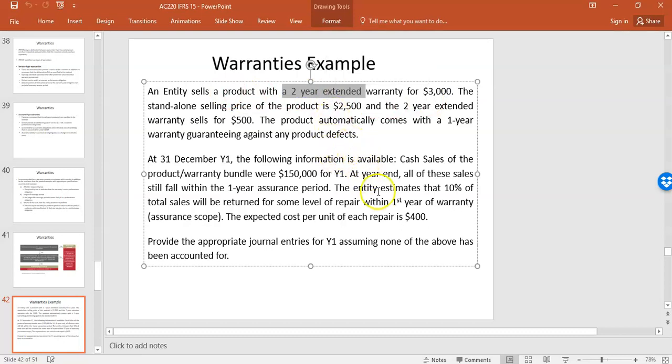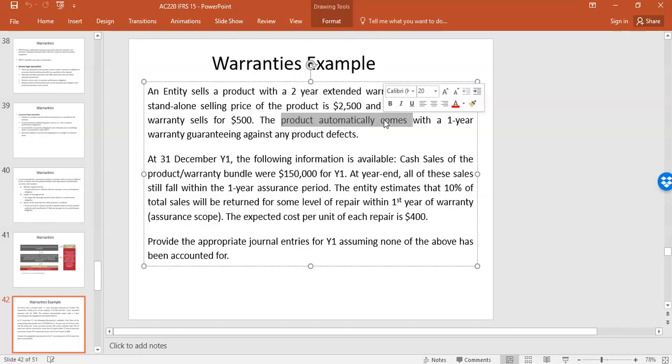And you're told then the entity estimates that 10% of total sales will be returned for some level of repair within the first year warranty, and the expected cost per unit of each repair is 400. So we have to try and figure out then, well, how do we separate the service warranty, the extended 2-year, and the automatic warranty, which is the assurance one, that doesn't really offer any additional service.